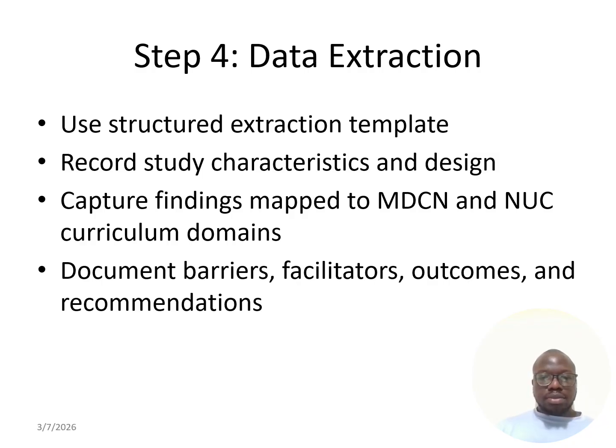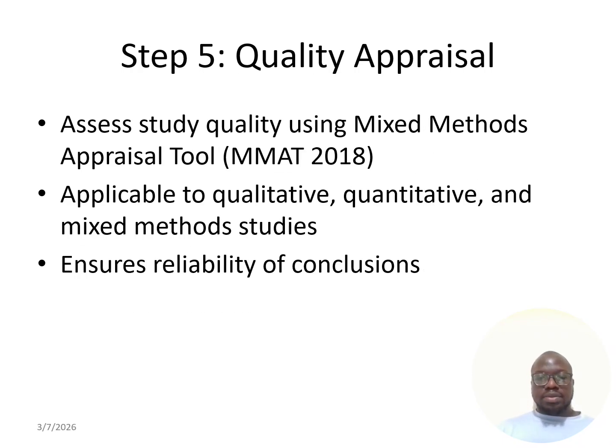Now, the data extraction process, which is after you are done with your screening, both article title and abstract, and the full text screening. You are now copying out the part that is relevant, where they mention all the things that are relevant to your work. You copy them out because that's what you're going to synthesize into thoughts later on.